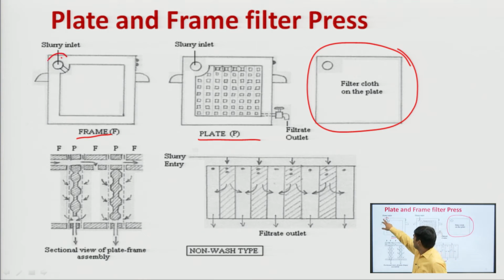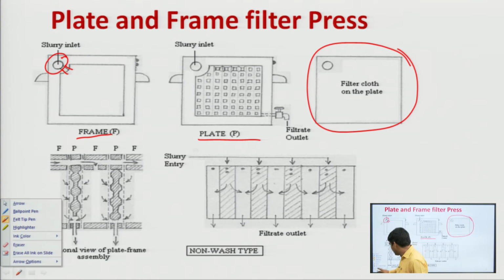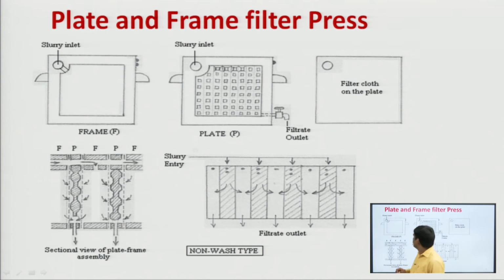As you see in the diagram, there is a hole here and this hole is connected to the internal part of the frame. As explained in the previous slide, the hole present on the frame is connected to the inner side of the frame, but the hole present in the plate is not connected to the inner side.